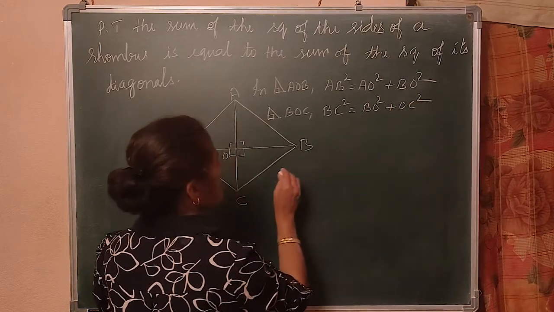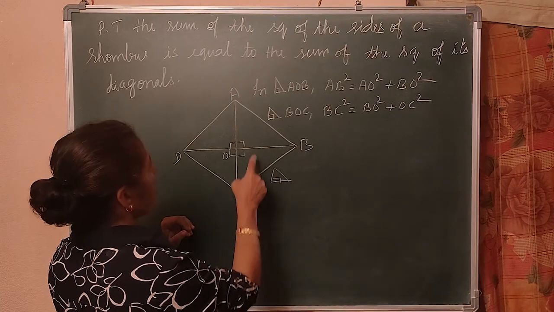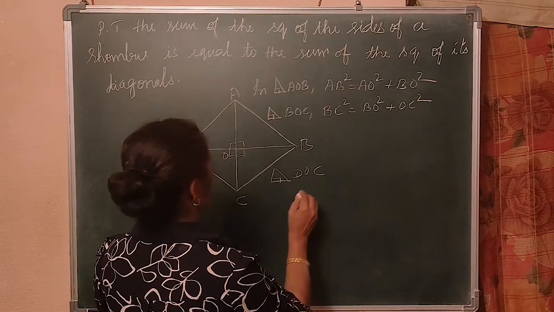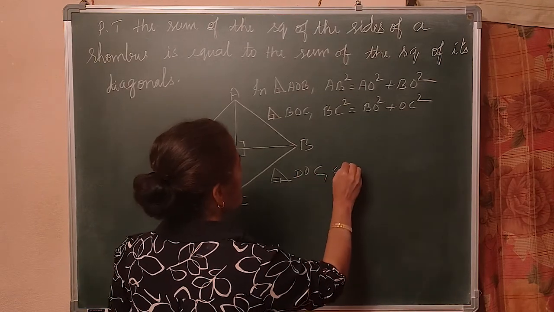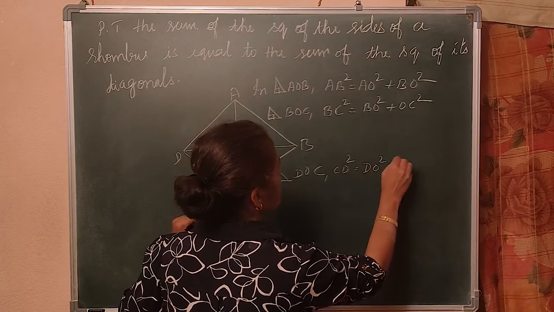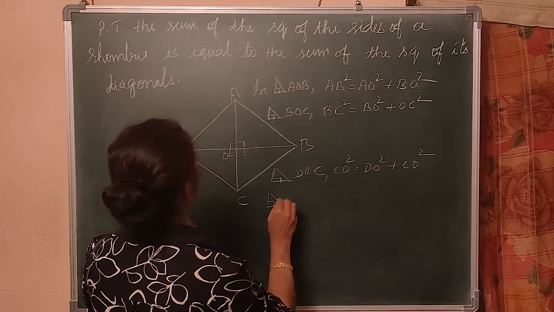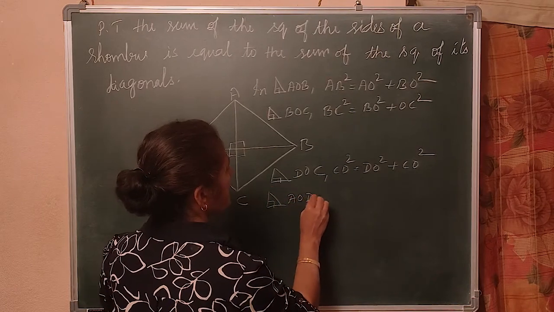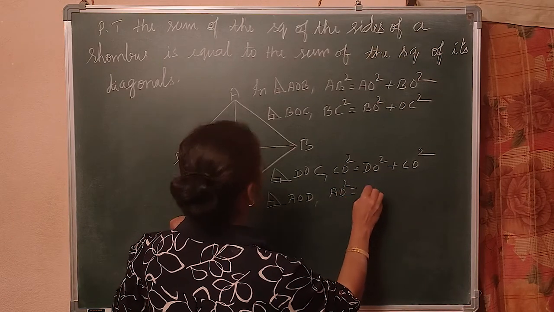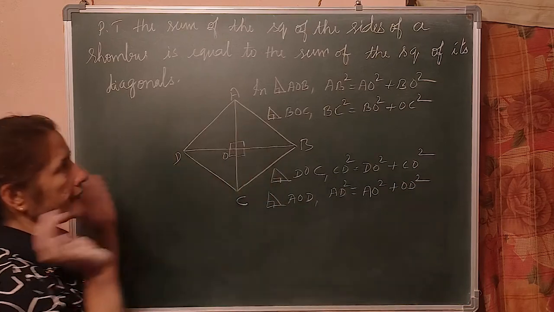Next one is right angle triangle DOC, CD square is equal to DO square plus CO square. Next one is right angle triangle AOD, AD square is equal to AO square plus OD square. Right? Till here you understood.